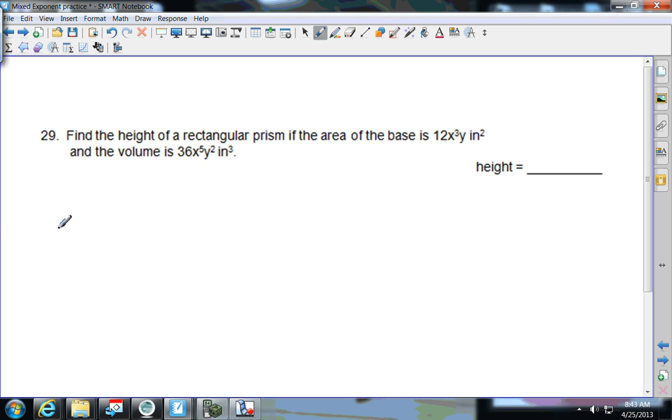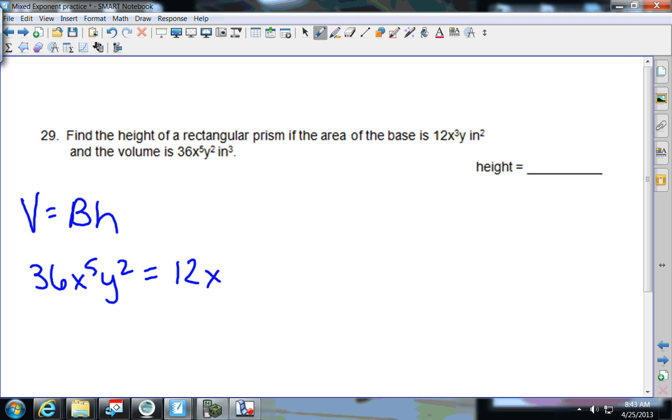Okay, to find volume of a rectangular prism, it is big B times the height. Well, it's giving us the volume. The volume is 36 x to the fifth y squared. It's giving you the base, 12 x to the third y, but we want to know the height.